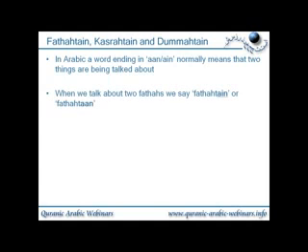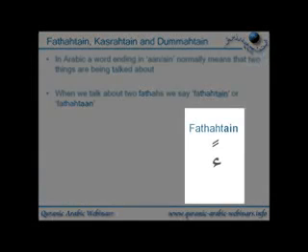So in terms of what we're doing, when we talk about two fathas, we say fathatain, or some people will say fathatan, indicating we're talking about two fathas. From what we're learning, you'll see a lot of people, instead of calling this fatha tanween, will call it fathatain, simply meaning two fathas written together.